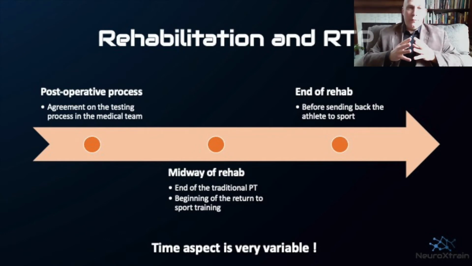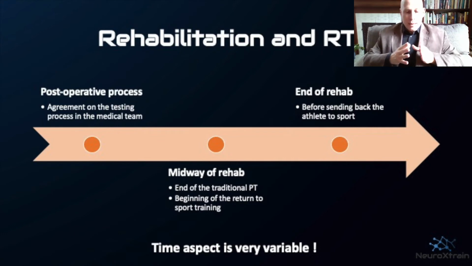So when we worked with our surgeons and physical therapists in the past, we need to find a point at which they're comfortable with the athlete being tested, say with a counter movement jump and a drop vertical jump.